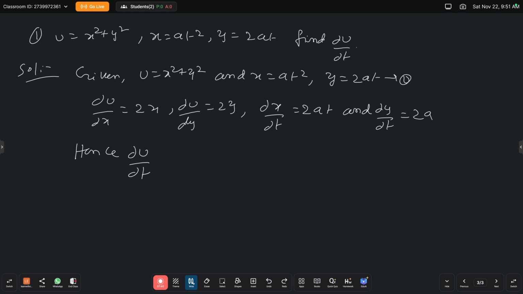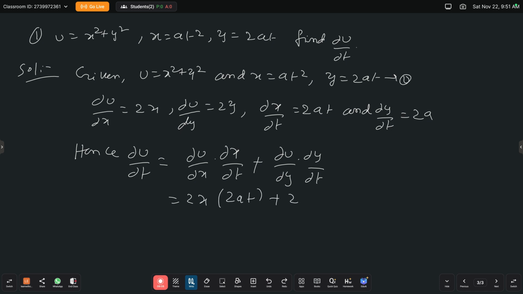Hence, dou u by dou t, the total derivative, can be represented as dou u by dou x into dou x by dou t plus dou u by dou y into dou y by dou t. So now dou u by dou x is 2x and dou x by dou t is 2at, plus 2y into 2a. Now from equation 1, x is equal to a t square and y is equal to 2at.